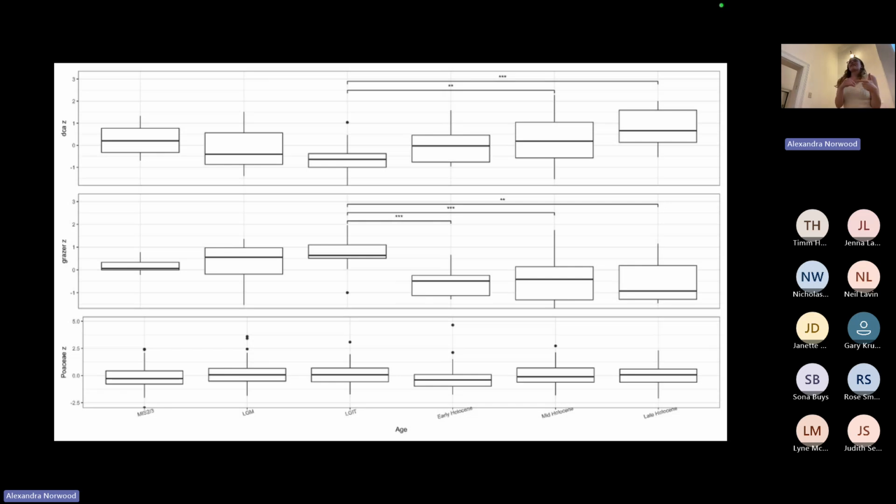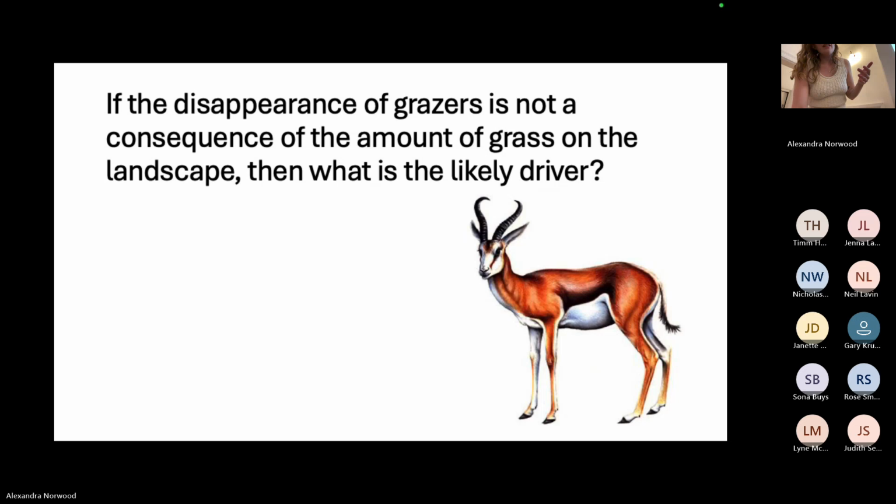So this is again telling us something really different is going on with the grazers than with the amount of grass, which is really contrary to what we would just logically expect. So this raises this really big question: what is happening to the grazers? What is happening on the landscape that the grazers can't live with if it's not just a change in the amount of grass?